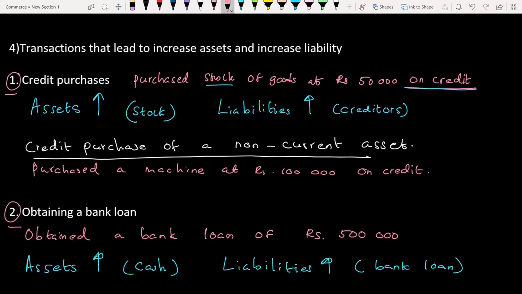Now even in this transaction, the assets of the business increase, also the liabilities of the business increase. Assets increase because machinery in the business increases.